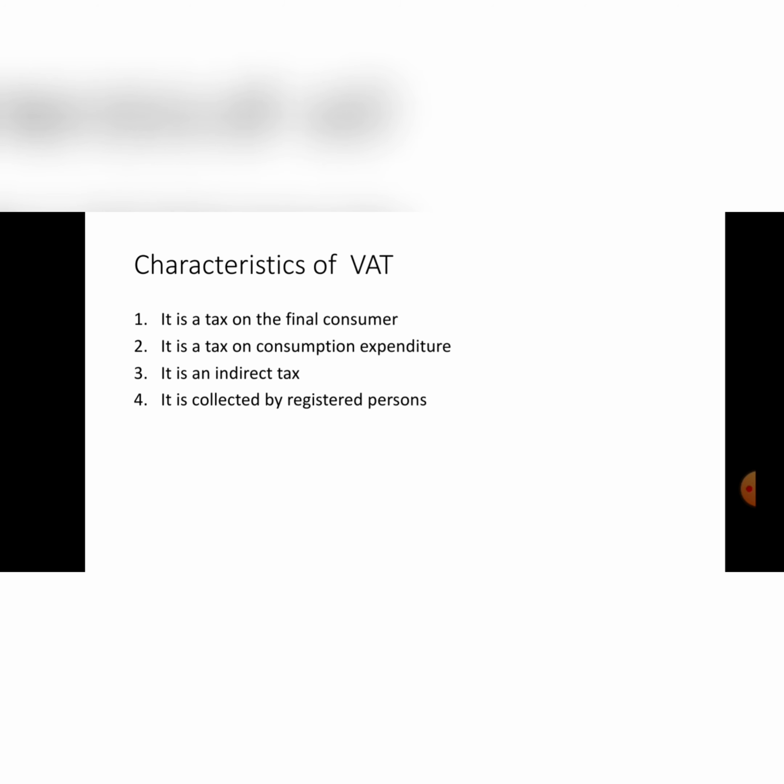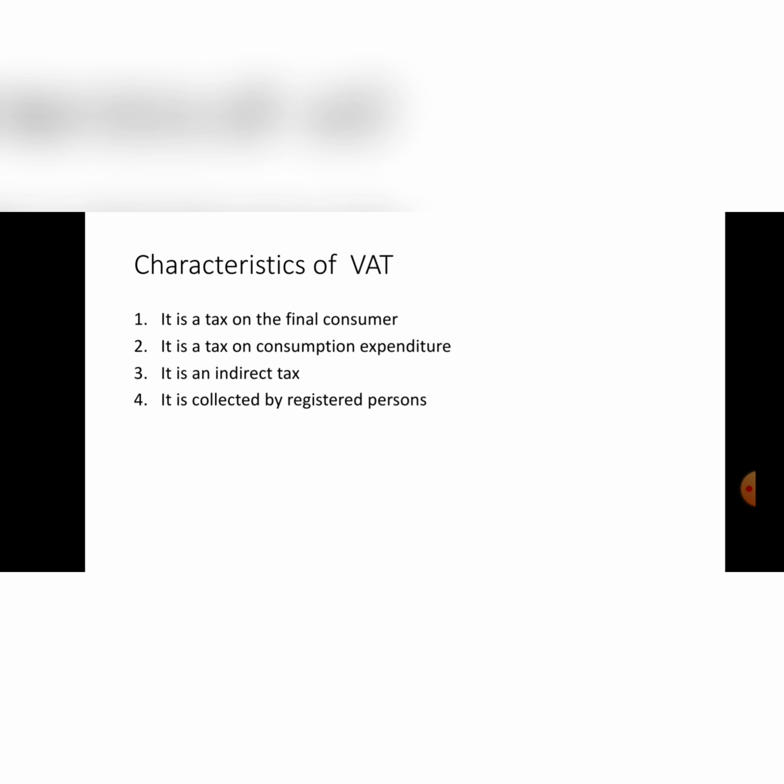So, characteristics of VAT. The first one is VAT is a tax on the final consumer. The final consumer pays for the tax. It is a tax on consumption expenditure, so you pay this tax only when you buy goods and services. It is an indirect tax.